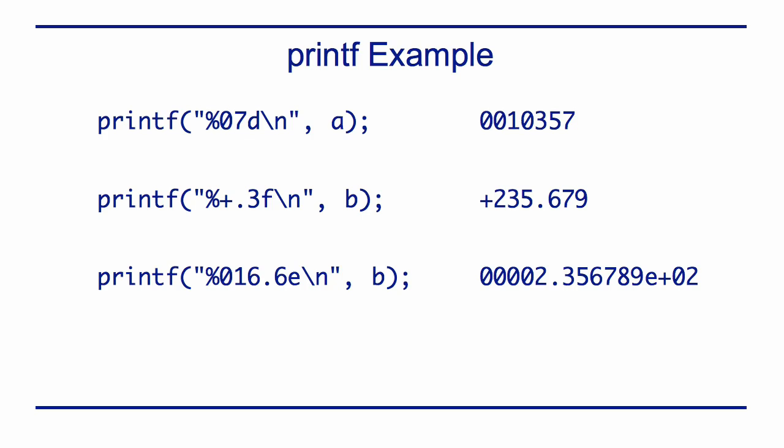In the final example, the E in the conversion specification indicates that scientific notation should always be used. Reading from left to right, the 0 says that the number should be padded to the appropriate width on the left with zeros. The 16 specifies the minimum overall width of the number.